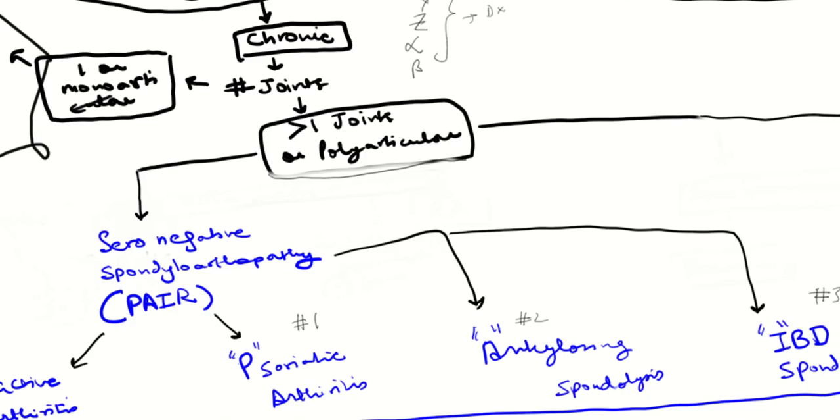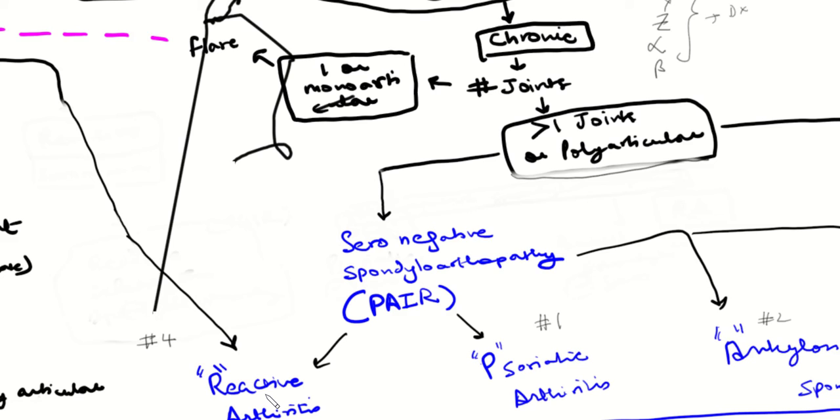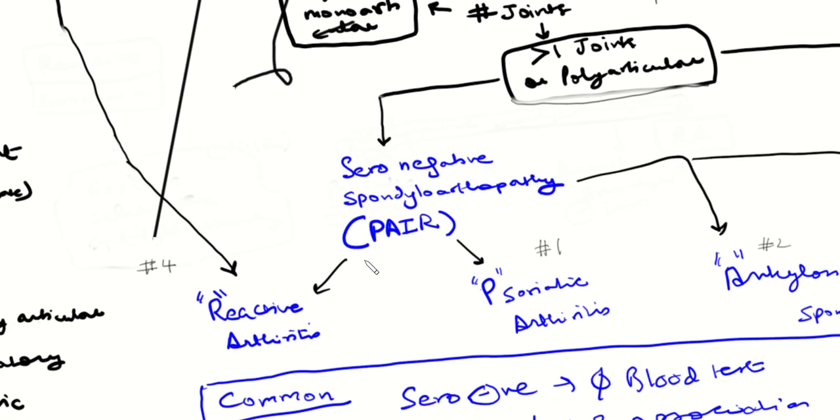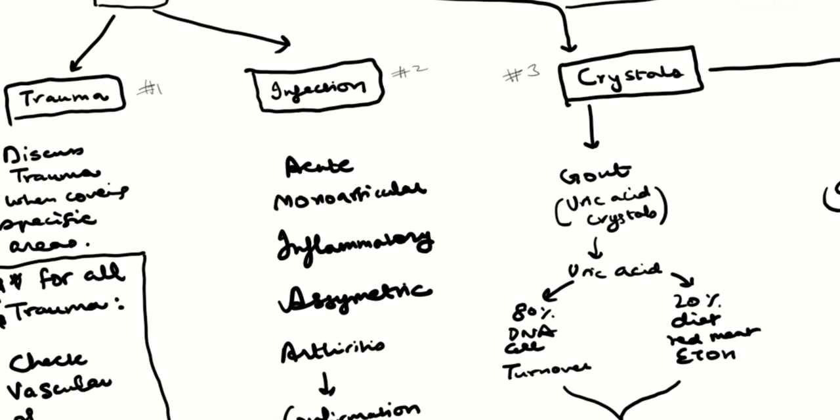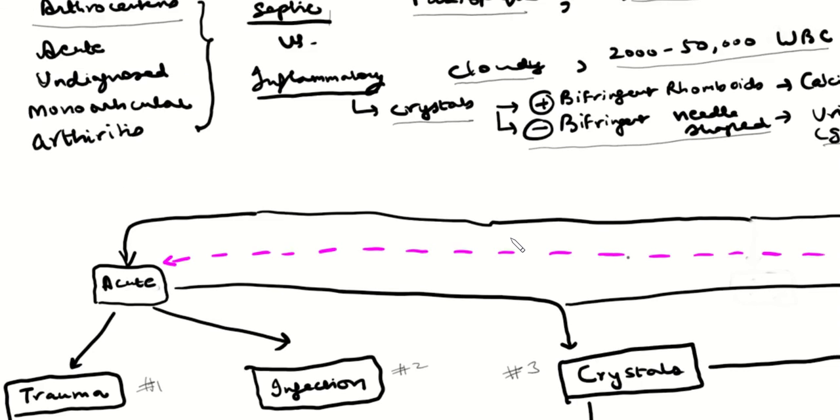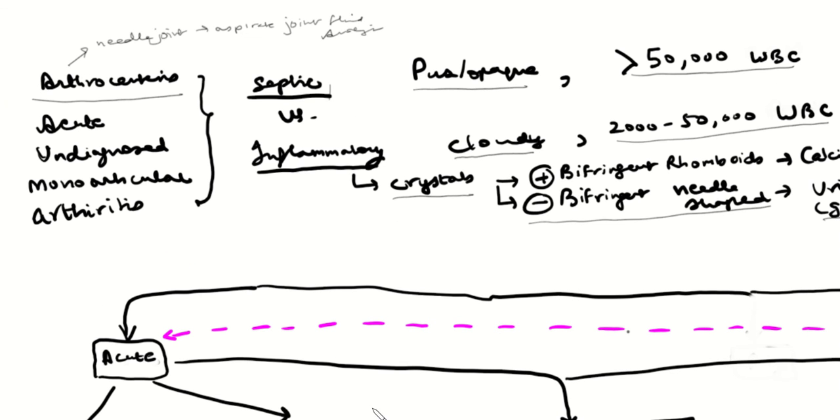Okay, the only exception to this is the reactive arthritis, the R. It's the only exception. So the reactive arthritis presents as acute monoarticular arthritis. Okay, so that's the lay of the land. Now we'll go exploring these diseases.